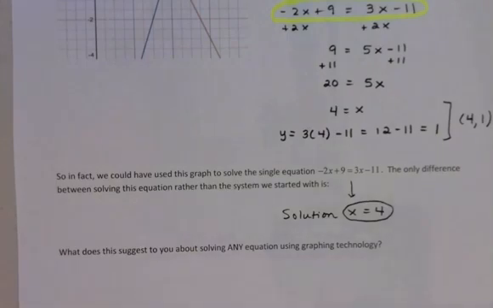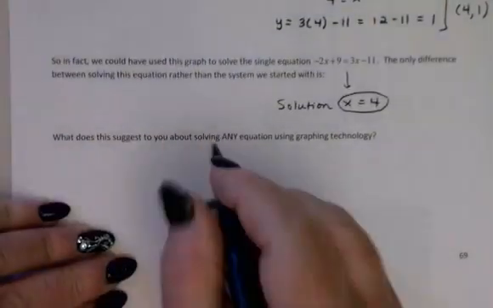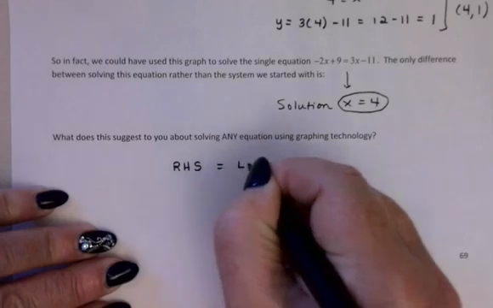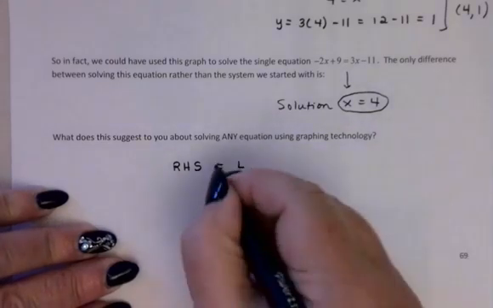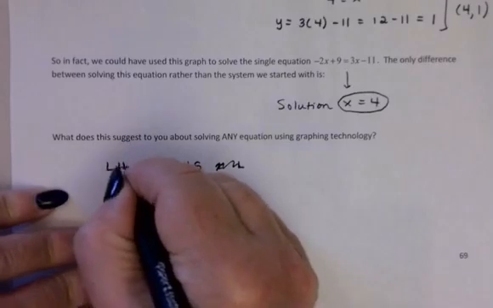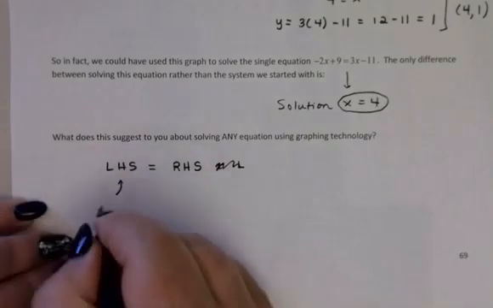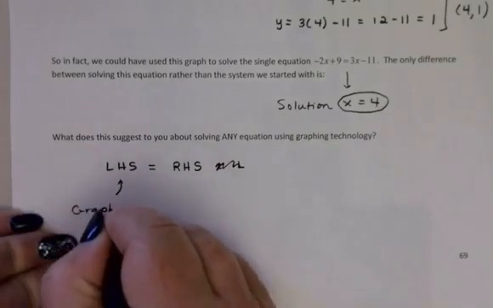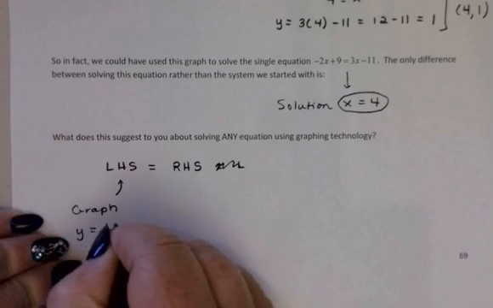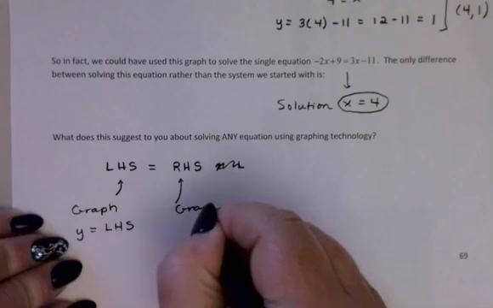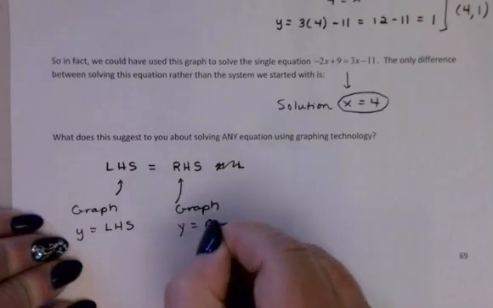So, what does this suggest about solving any equation using graphing technology? If I have an equation, let's say it looks like this: the left-hand side equals the right-hand side. Then what I can do is graph y equals whatever that left-hand side was, and also graph y equals whatever that right-hand side was.